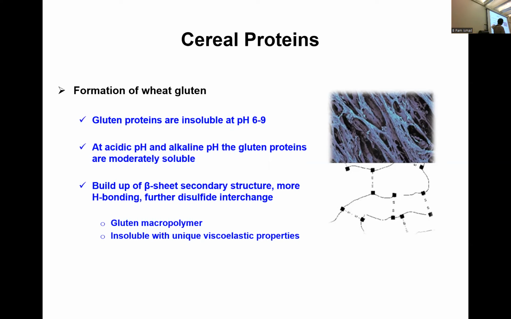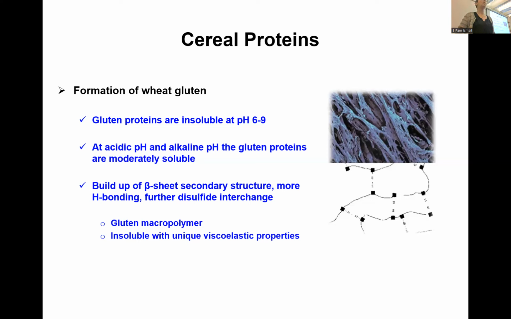The first interaction that happens when we're kneading and those proteins are interacting with each other is that they start forming beta sheets. They come together, facilitating disulfide linkages, forming the macropolymer known as gluten. And it has unique viscoelastic properties that we don't normally see in any other grain proteins.